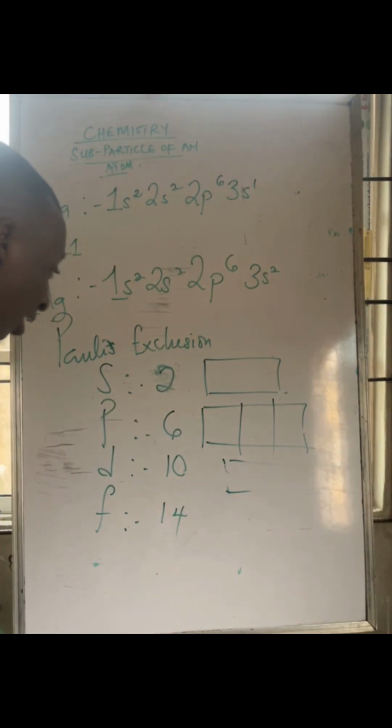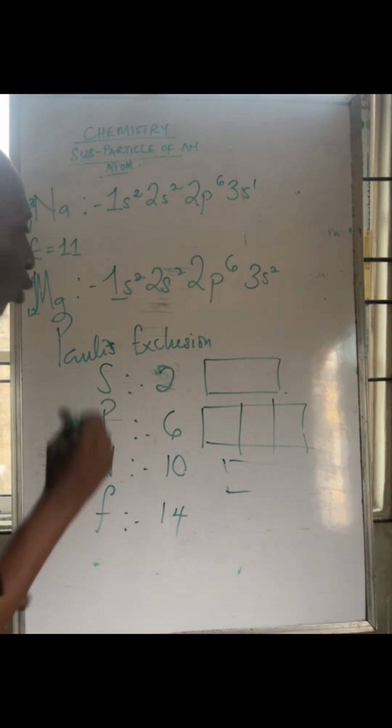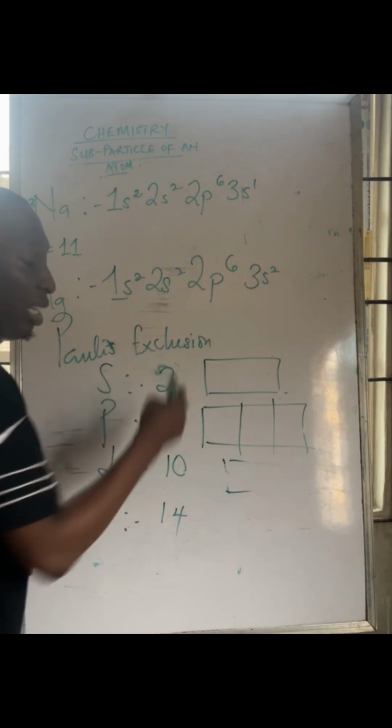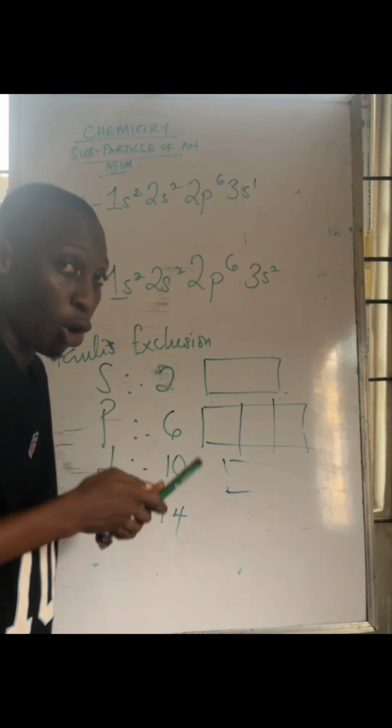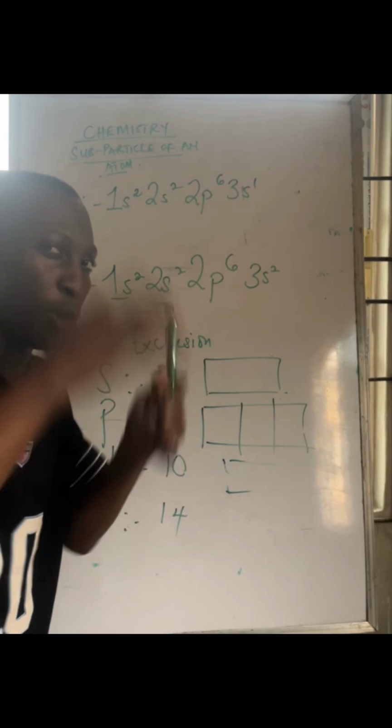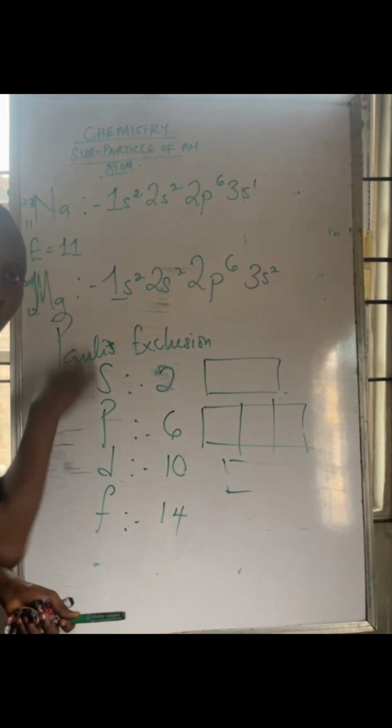Now, from that sense, how do I interpret Pauli's principle? No two electrons in an orbital must have the same value for all 4 quantum numbers. These are the 4 quantum numbers we discussed.